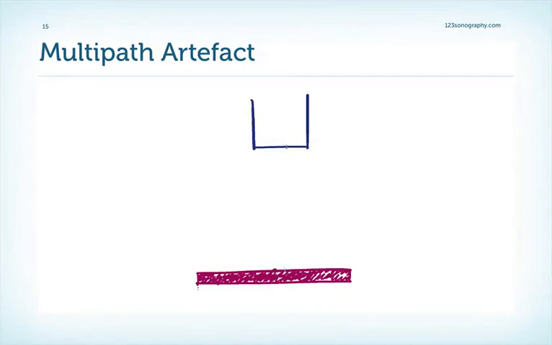Now I would like to show you what the so-called multipath artifact is. This is our transducer, and from this transducer we have an ultrasound ray which hits a boundary. Okay, so from this boundary we have a reflection normally back to the transducer. This is the normal situation.